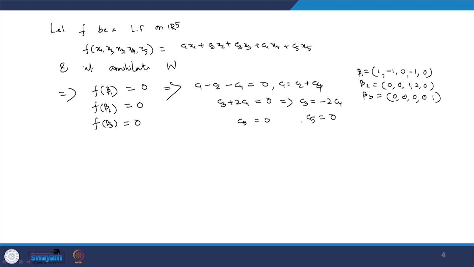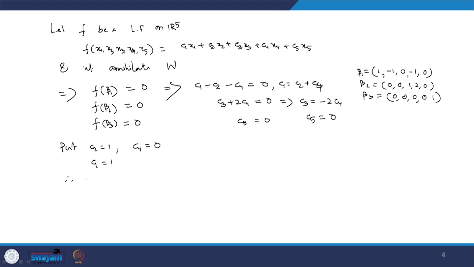So, this means I have two free variables C2 and C4. Put C2 equal to 1, C4 equal to 0, I will have C1 equal to what? C2 is equal to 1, so C1 also equal to 1 and C3 equal to 0, C5 equal to 0.